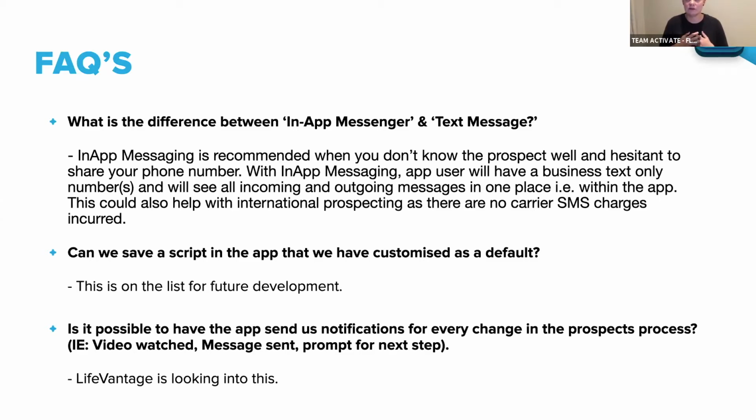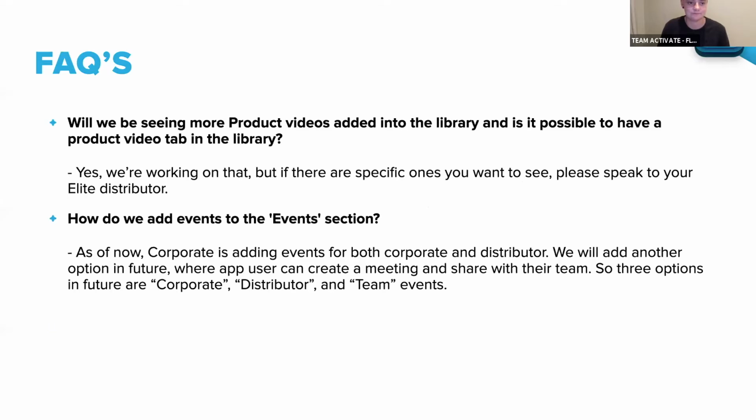I would like to be told that so then I can go back and say, hey, what did you think? All that stuff. And also, if they message back and they want another one, just as many. I know a lot of people don't like a lot of notifications, but I do think it would be amazing to be able to have as many as you want and turn off the ones that you don't want. So LifeVantage is looking into that as well.